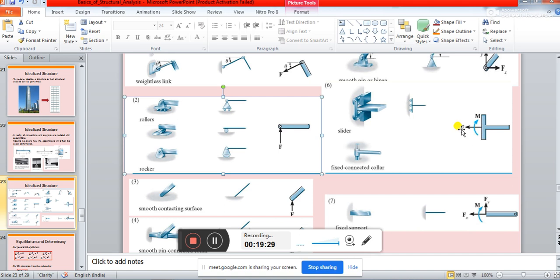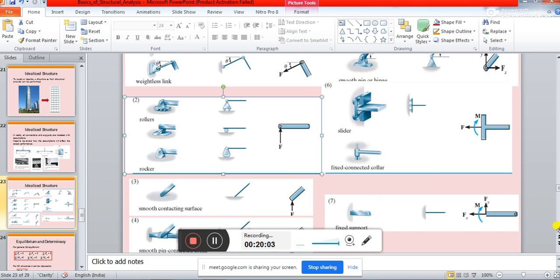So, one point you must remember: whenever you are considering a roller support, you must observe the direction of the roller, and the reaction will always act perpendicular to the roller. The roller is in this direction, so the reaction will be perpendicular to this direction. Okay.